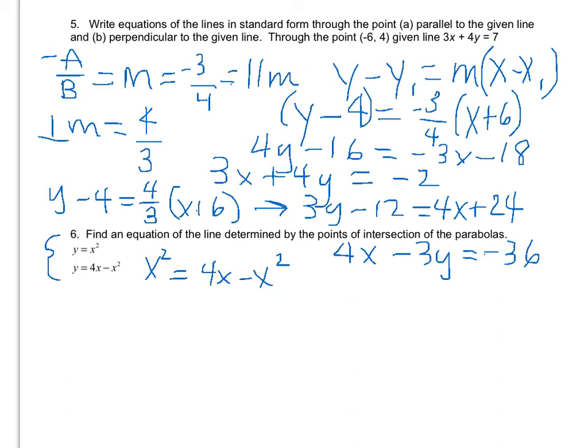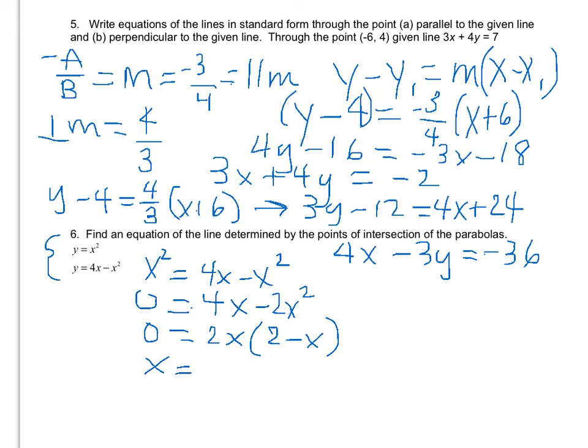And I'm going to solve for the values of x. So if I do that, I have 0 equals 4x minus 2x squared. Factor that, and you get 2x times the quantity 2 minus x. So where does x equal 0?